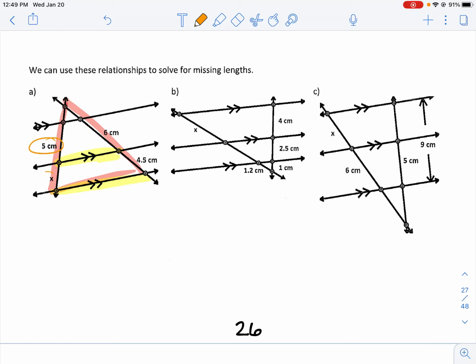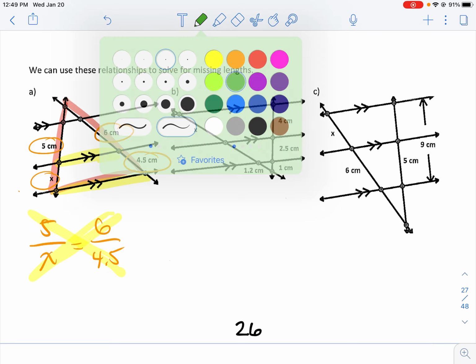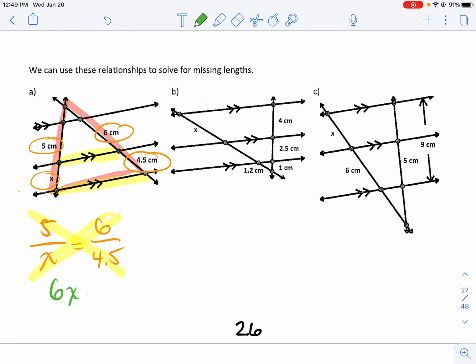I'm going to do 5 over x equals, now again I went top to bottom, so I'm going to go top to bottom here. 6 over 4.5. Now you guys are my all-stars, superstar cross multipliers. So 6x equals 5 times 4.5, 22.5.